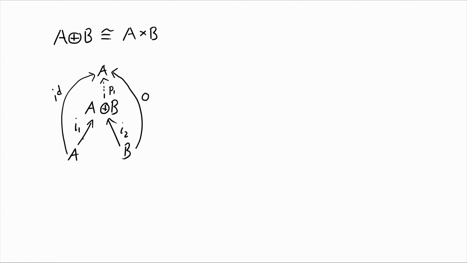Notice immediately we get some results. P1 composed with I1 is actually going to be the identity map. And we know that P1 composed with I2 is going to be the zero map. P1 goes back down to A in the following way. So A, and we have I1 coming up, P1 coming back.